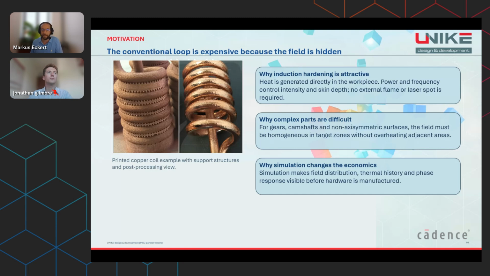The electromagnetic field is not directly visible, and small changes in air gap or coil contour can have a strong effect on the heating pattern. The classical loop of building a coil, testing it, reworking it, and testing again is therefore slow and expensive. Simulation changes the economics of the process because it makes field distribution, thermal history, and the resulting phase response visible before hardware is manufactured.